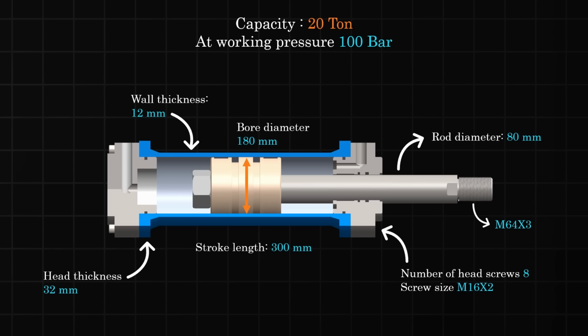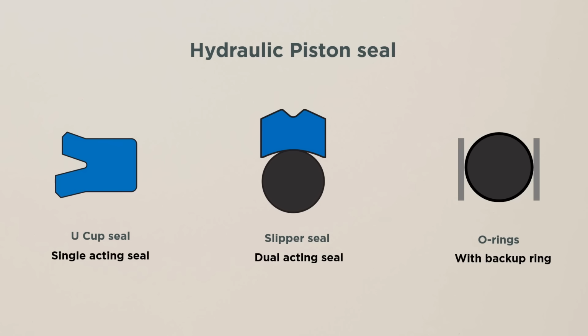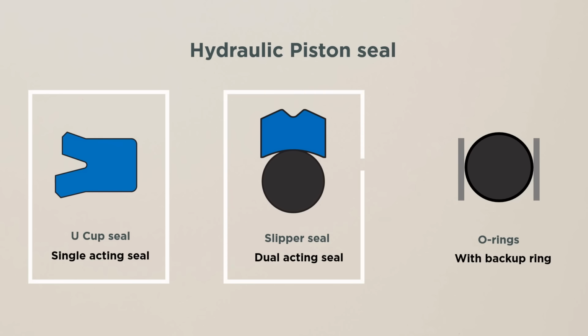Now, as the given working pressure in our case is 100 bar, I would prefer to avoid using O-rings as piston seals. Instead, we can select either two U-cap design seals or a double acting seal. So let's select a U-cap seal as it's readily available and cost effective.